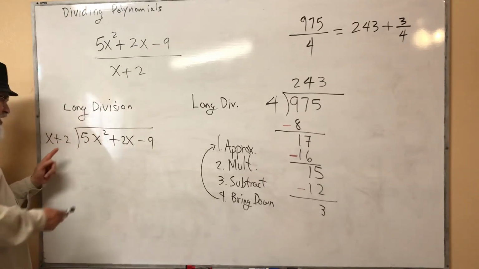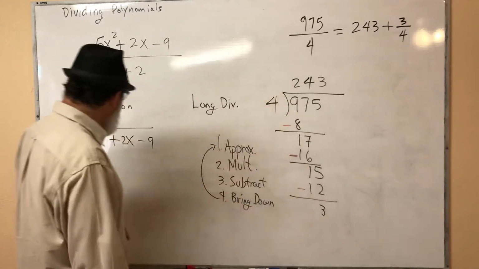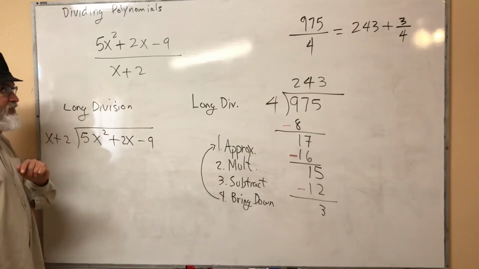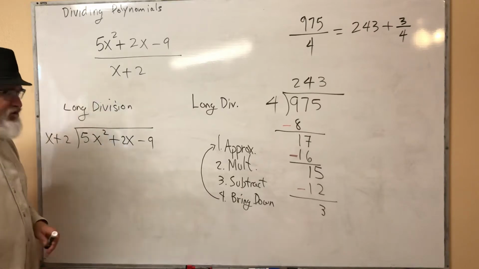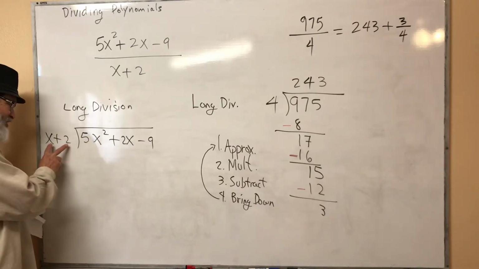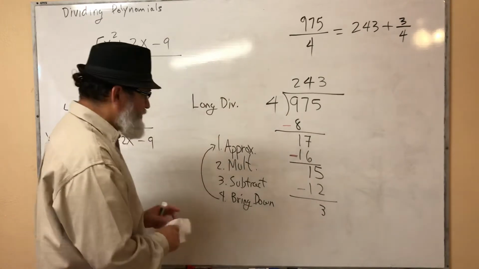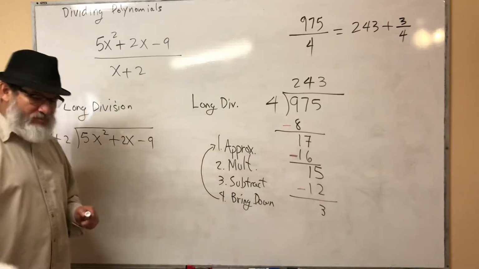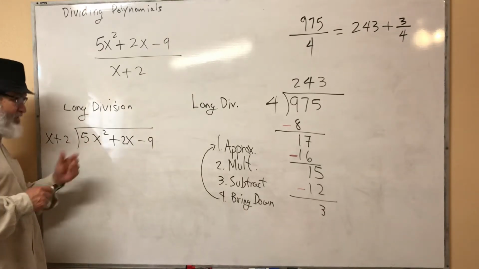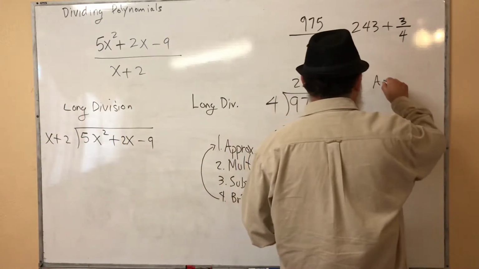Actually, x plus 2 into the first term. Just like we worry about the first digit here, we're going to worry about the first term there. Our first step is to take this first term divided by x plus 2, just like we took the 9 divided by 4. So I'm going to approximate. Watch this. I'm going to take the 5x squared. I'm approximating. Approximate.